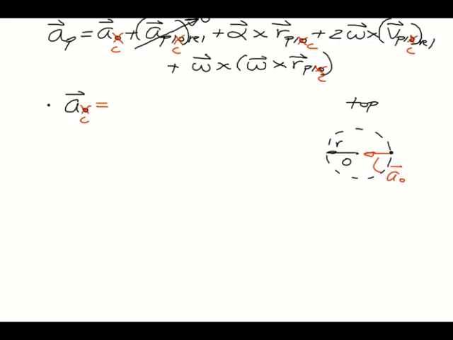So AO is going to be equal to the speed, which is R omega, squared divided by rho, which is R, and that's going to be pointing in the minus I. Because looking at this from the top, this is big I, and this is big K.